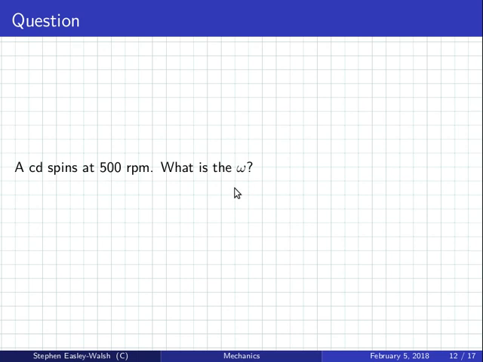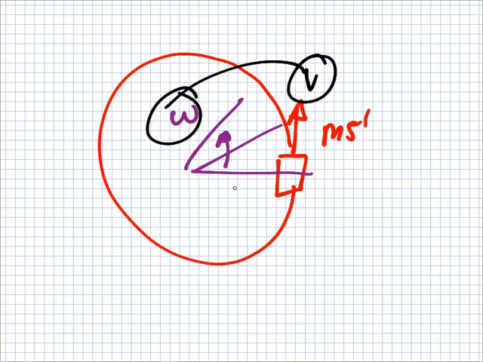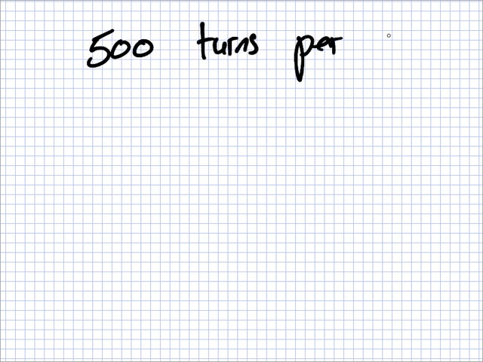First let me write down the f. So the f is, well no, first let me write down 500 turns per minute. Now that's not really useful because what units do we use? We don't use minutes. What do we use? Seconds. So what should I do first?